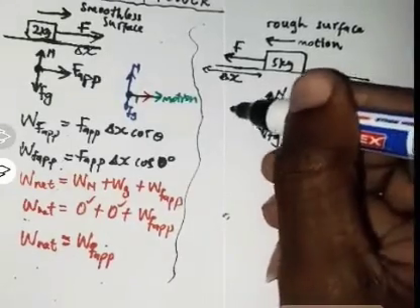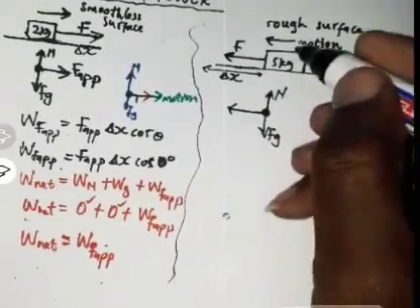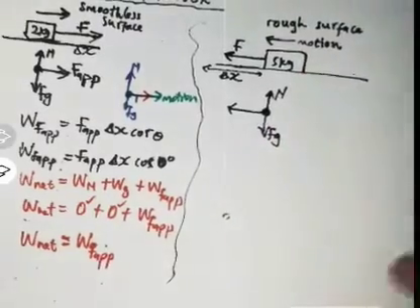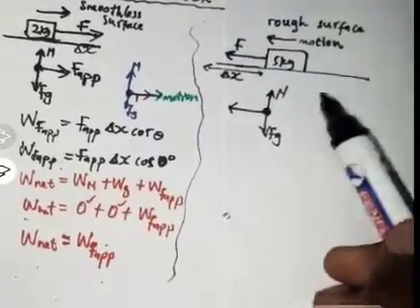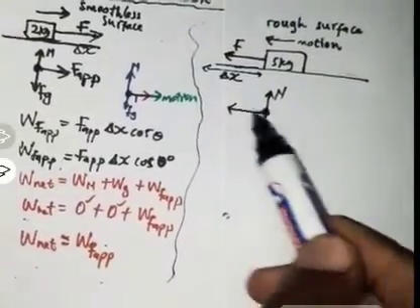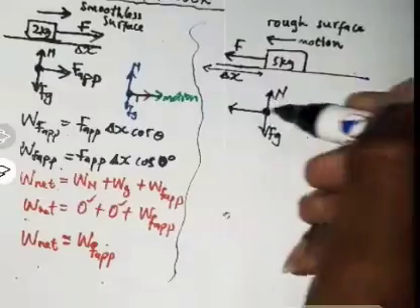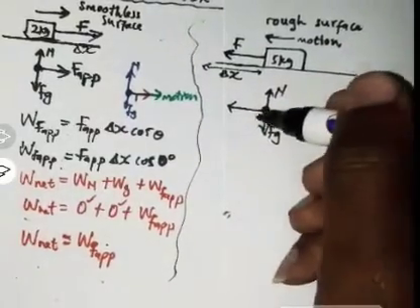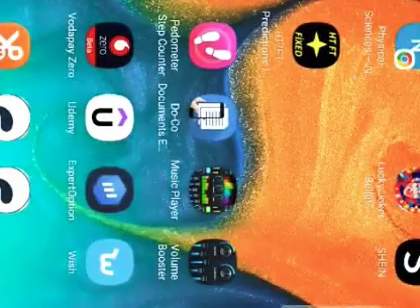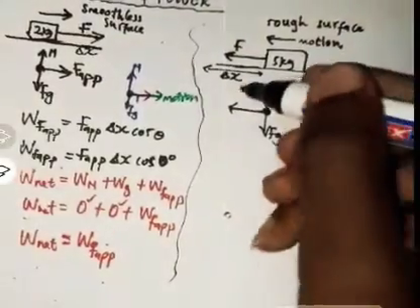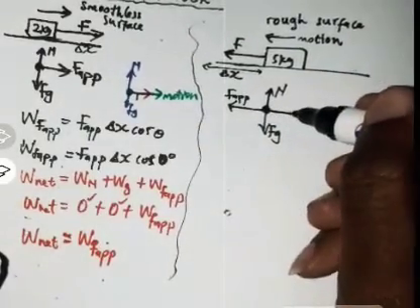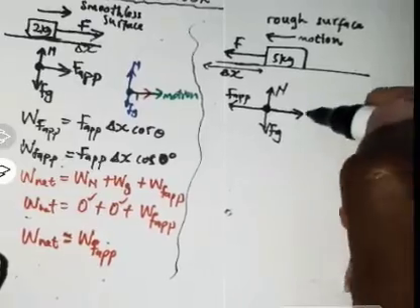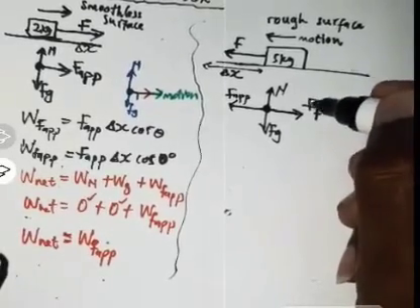I'm drawing it like this because my surface is horizontal, so I must put the applied force in horizontal form. And of course there is a frictional force opposing the motion of the object.